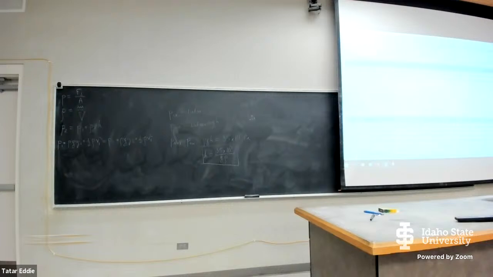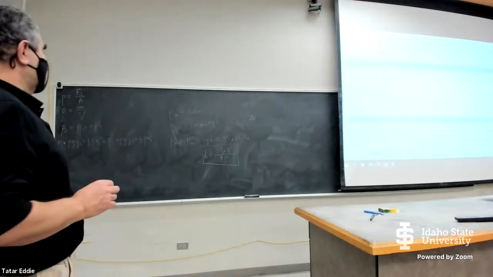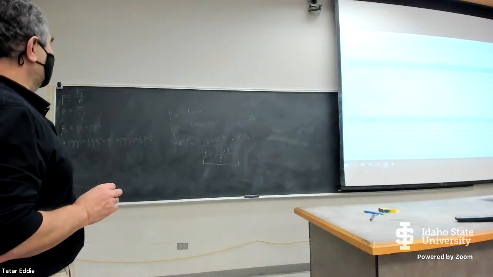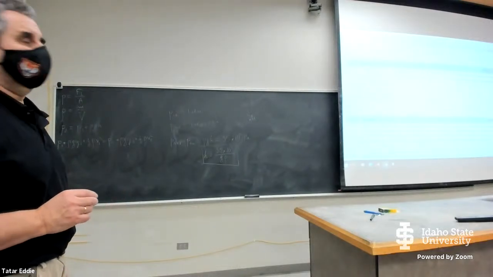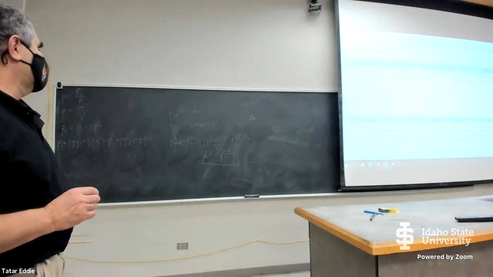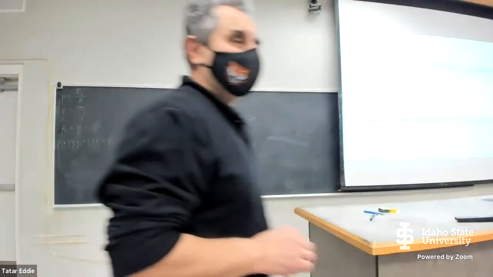I might just be putting it in wrong or something, but the solution for number 12 didn't work for me. Well, let's see. Just looking at the numbers, this is approximately 3.5.